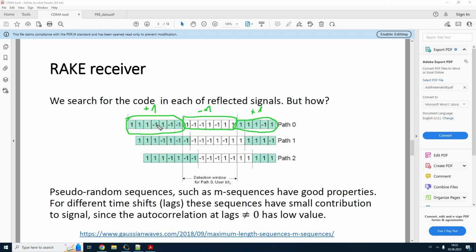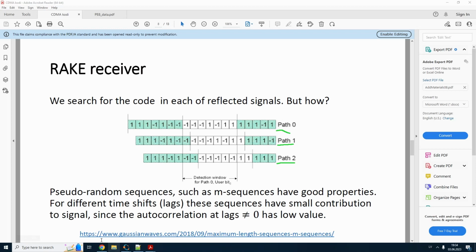We would send the entire code word that represents this symbol, and we'll do so for each of the transmitted symbols. So this will allow us to merge them together, and accordingly these paths are going to become, in a sense, separable. As a code, we are going to use maximum length sequences.